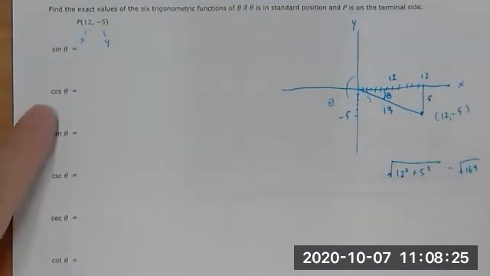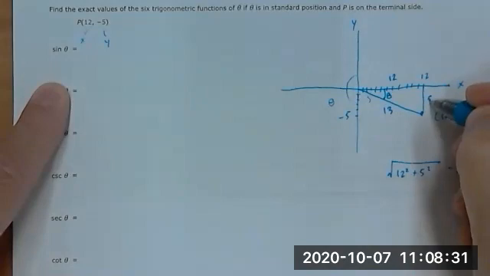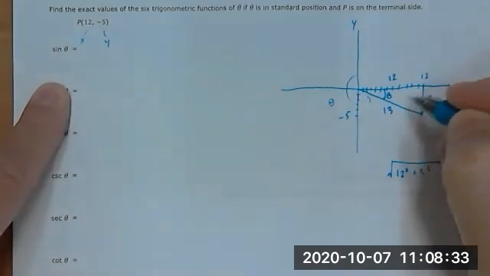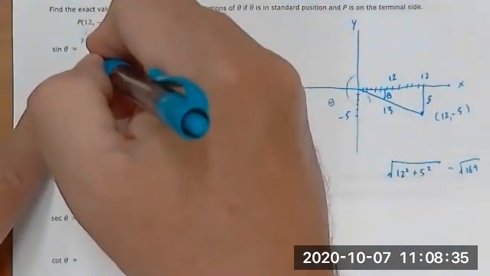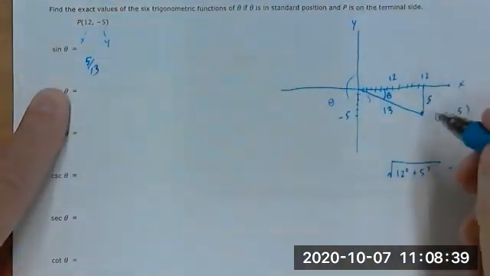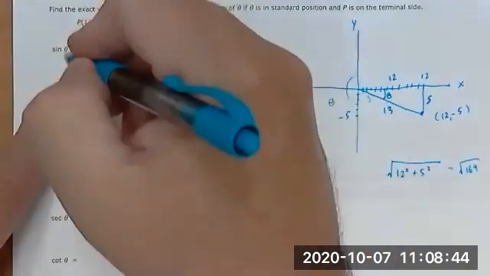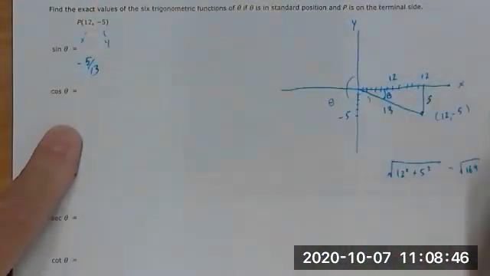So if I go over here, the sine, opposite over hypotenuse, 5/13. And because I'm in the 4th quadrant, I know that the sine, which is like y, is negative in the 4th quadrant, -5/13.